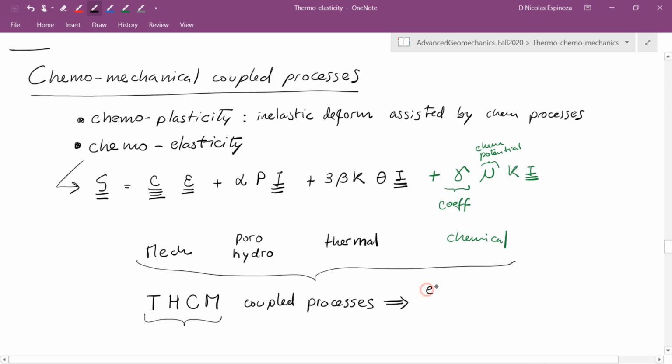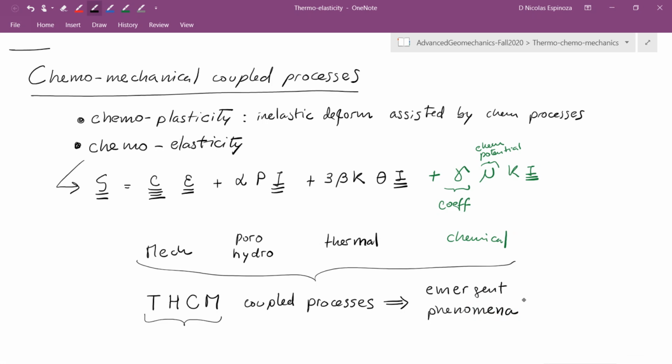This is called emergent phenomena. And these processes are important because they are the result of the combination of different physics that combine in order to produce something that you wouldn't see otherwise.